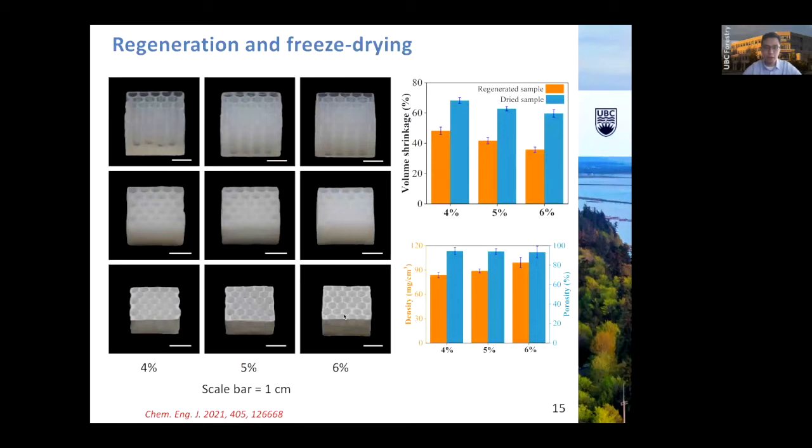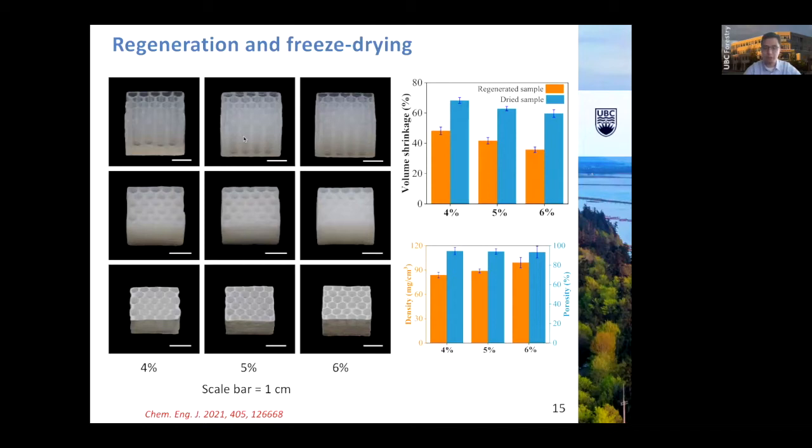So this is a honeycomb structure we developed, directly after printing. This is 4%. For the 3%, although it shows good shear thinning and some gelling property, the viscosity is not very high, and the yield stress is too low.